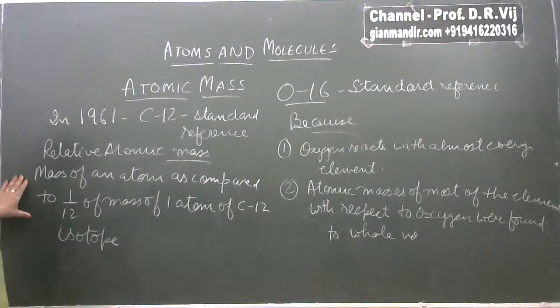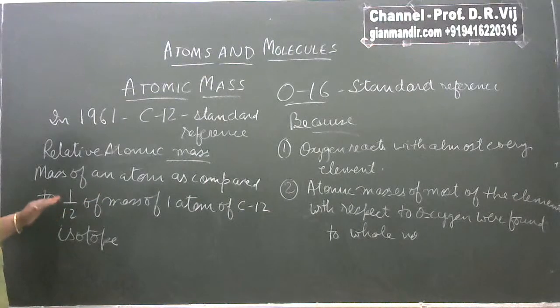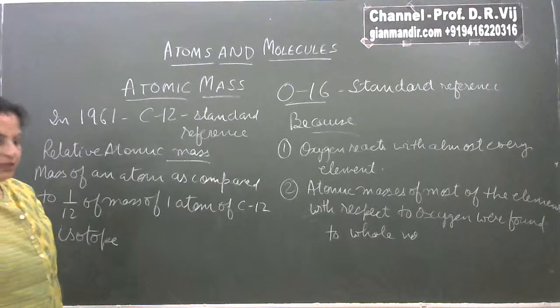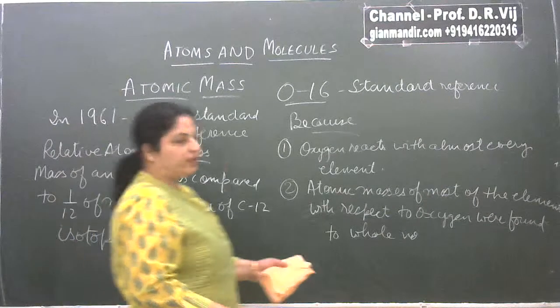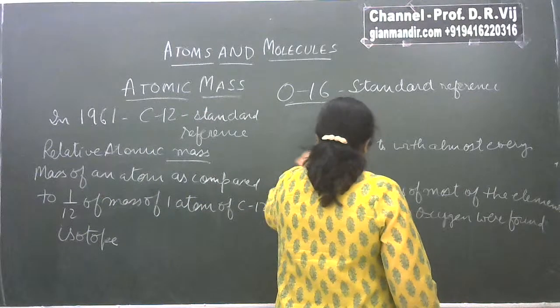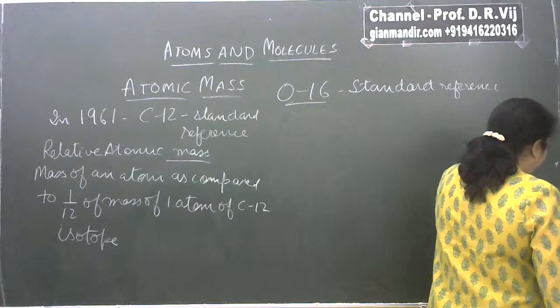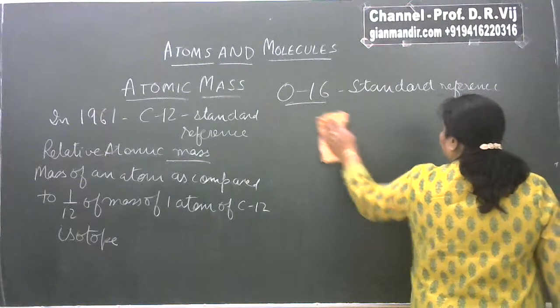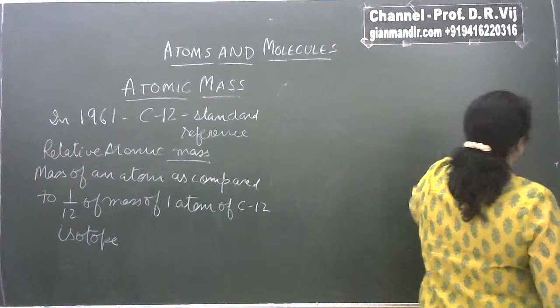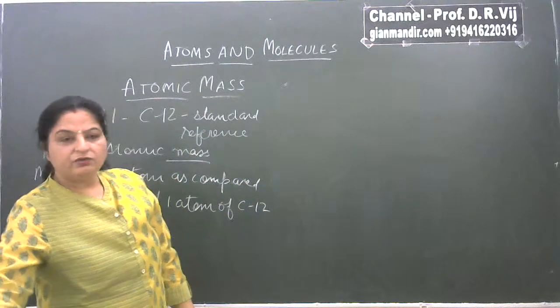So what is relative atomic mass? It is the mass of an atom as compared to 1/12 of mass of one atom of carbon-12. For example, if we say that atomic mass of nitrogen is 14 U, it shows that one atom of nitrogen is 14 times heavier than 1/12 of one atom of carbon-12.